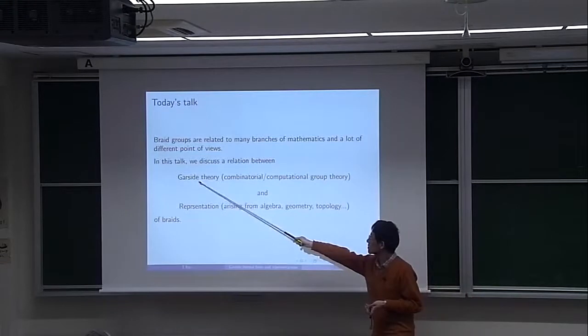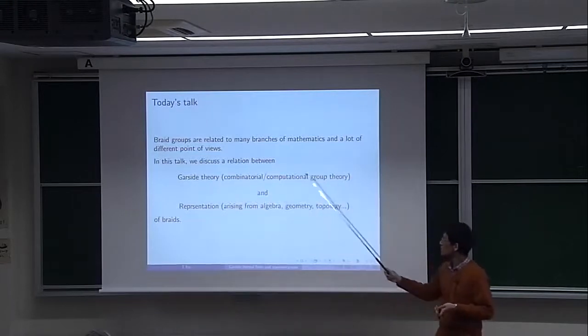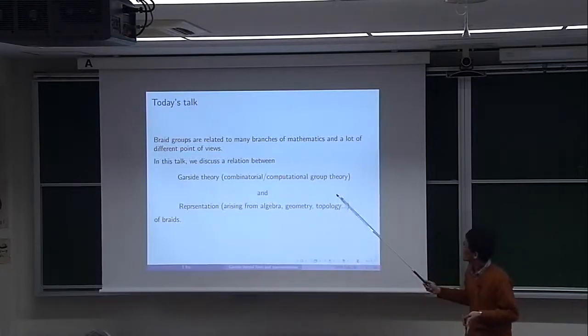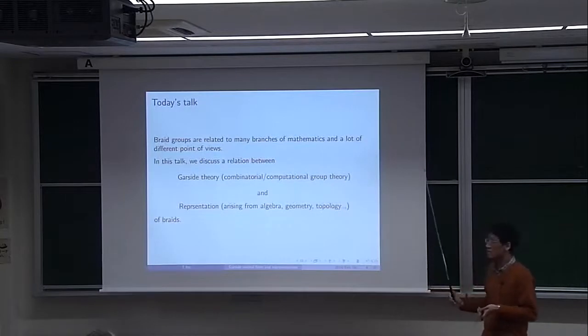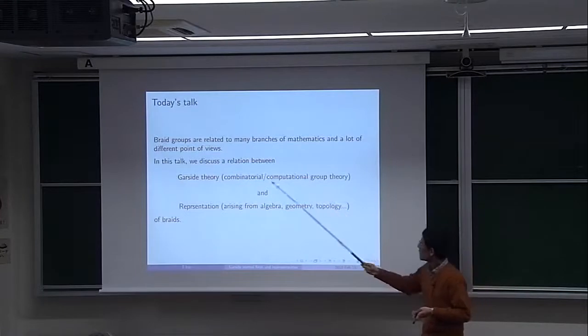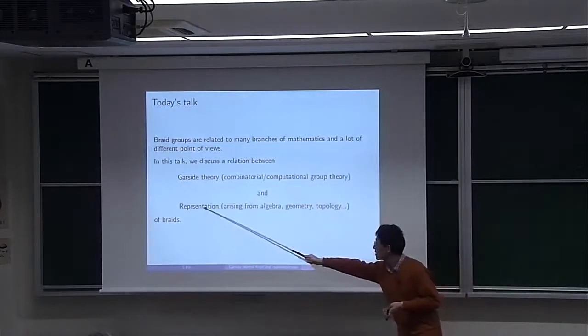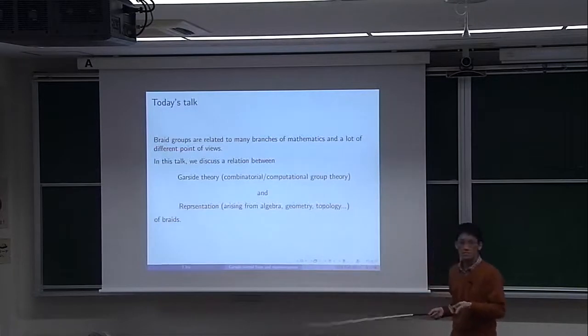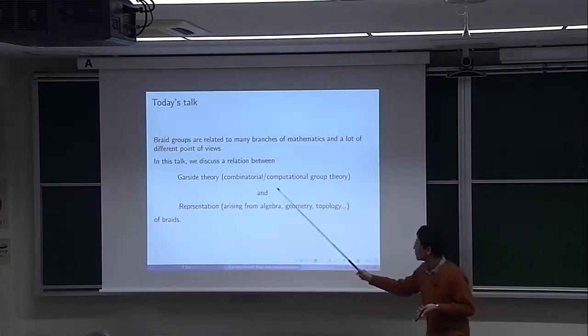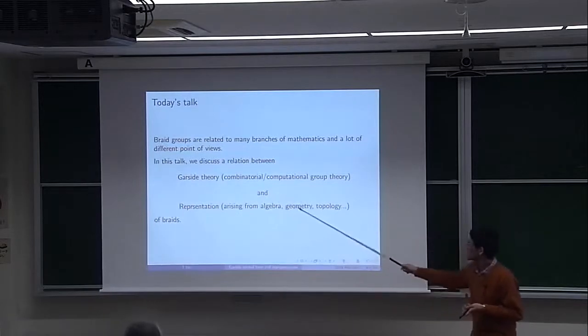The first aspect is Garside theory, which is a computational or combinatorial group theory aspect. For a given braid, we have a canonical representation as a word over the standard generators or band generators. On one hand is the combinatorial aspect, and the other side is representation, which is related to various branches of mathematics, such as algebra, geometry, or topology.